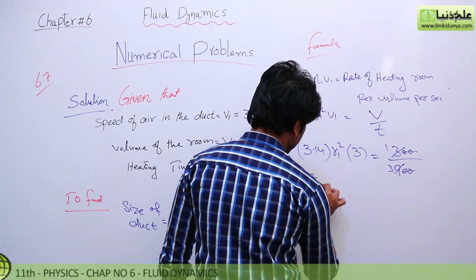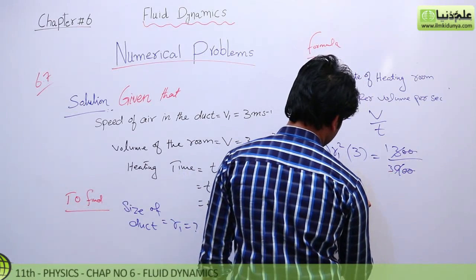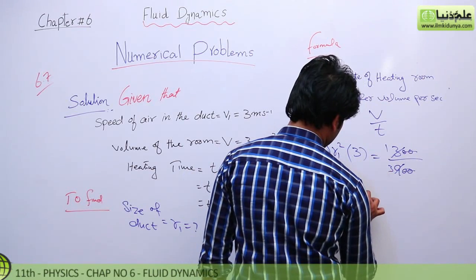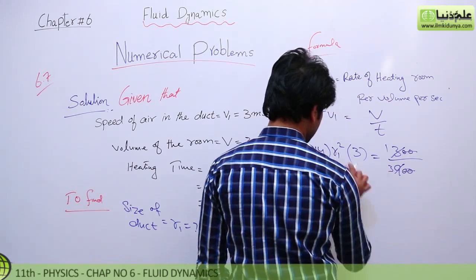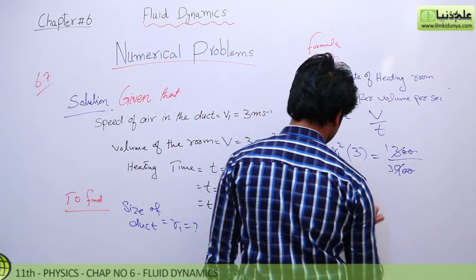Now R1 square will be 1 by 3 multiplied by 3, rearranging this equation.